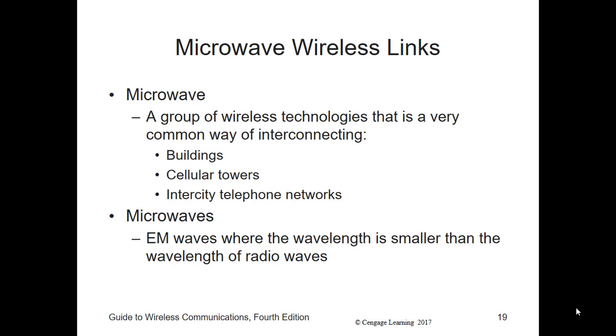AM broadcast radio stations operated, and still do, mostly in the 535 to 1605 kilohertz range, which have wavelengths varying from approximately 1839 feet to 613 feet, respectively.